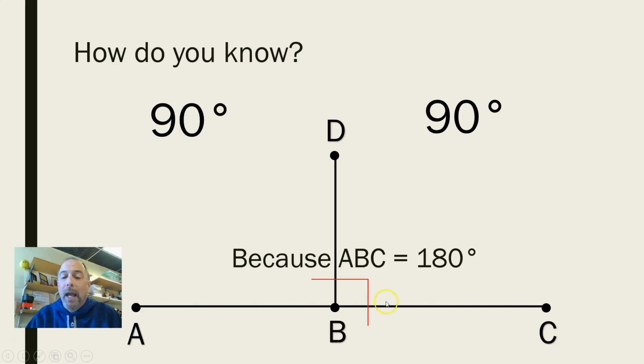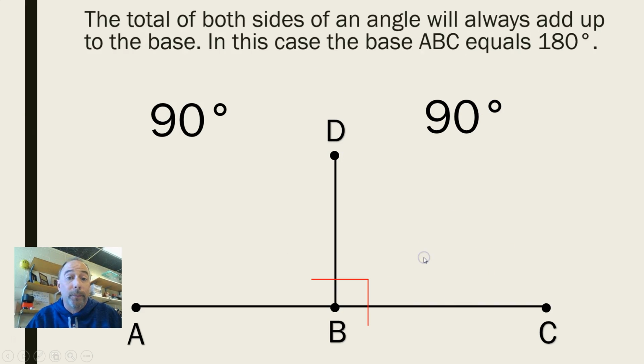Because ABC, our base, measures 180 degrees, and because I know the value of ABD is 90 degrees, I can subtract this 90 from the value of the base, 180 degrees, and I can get 90 degrees. Or I could just add these two together to get what the base equals.